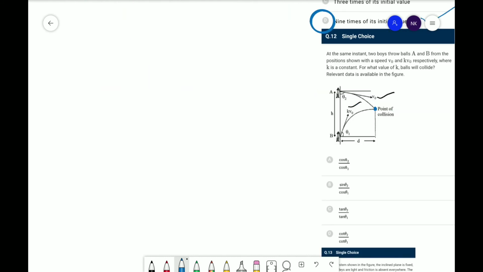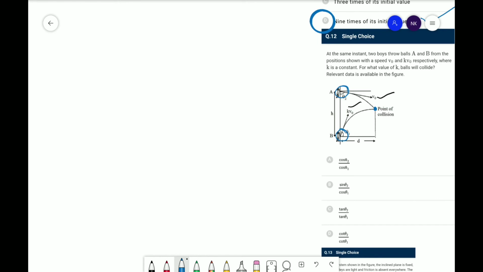Question: at the same instant, two boys throw balls A and B from the positions shown with speeds v0 and kv0 respectively. K is a constant. What is the value of K? The balls will collide. When the balls collide, the velocity components along the horizontal must be equal.